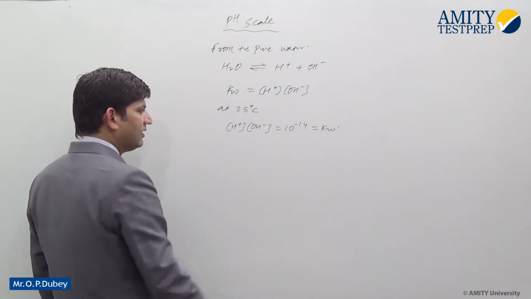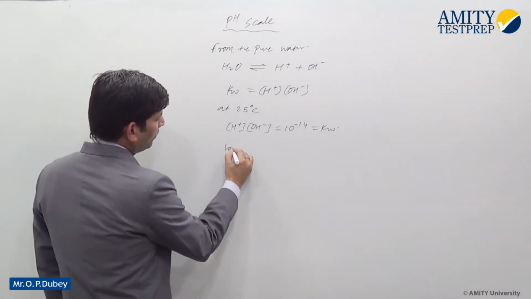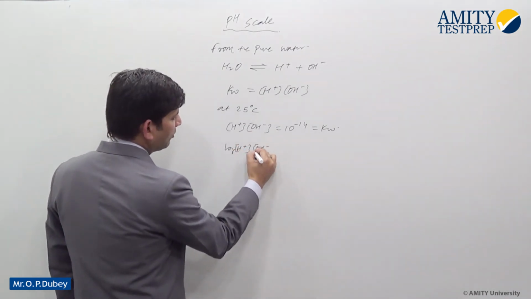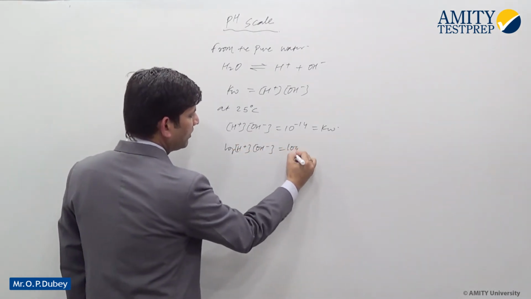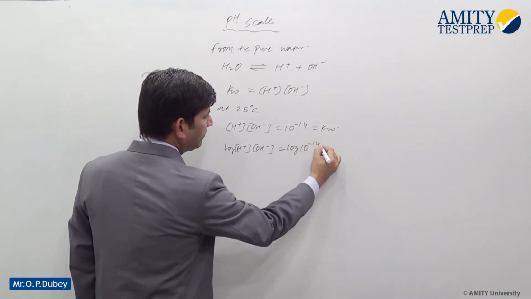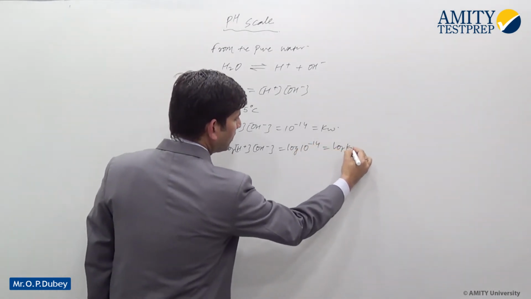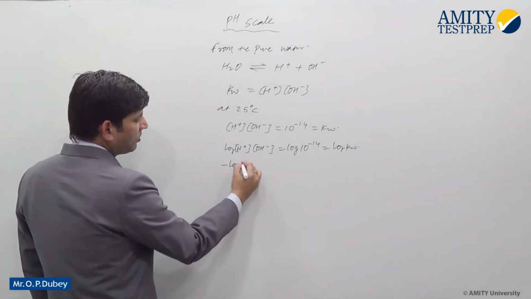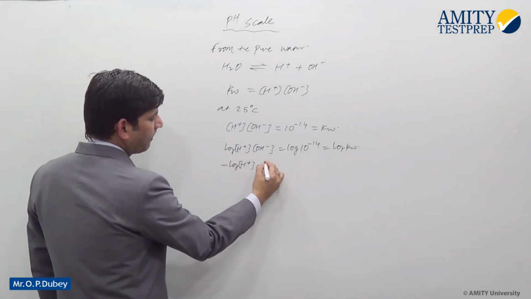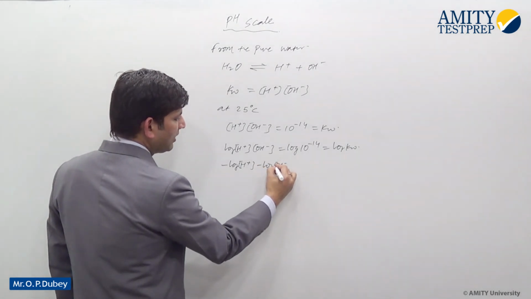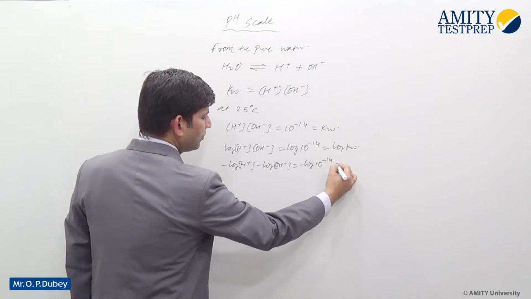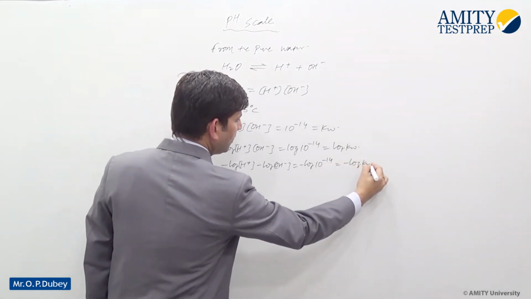Now taking log on both sides: log of H plus ion concentration times OH minus ion concentration is equal to log 10 raised to power minus 14, which is log Kw. Now taking negative on both sides, minus log H plus ion concentration minus log OH minus ion concentration is equal to minus log 10 raised to the power minus 14, and that is minus log Kw.